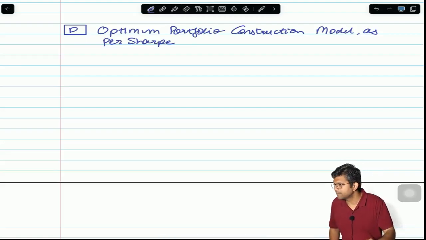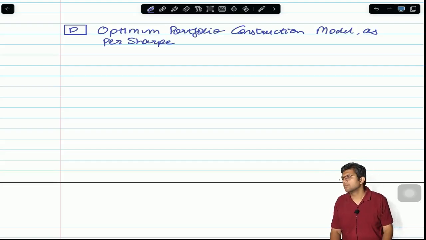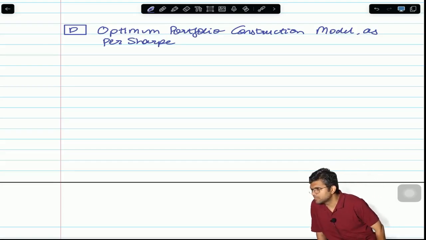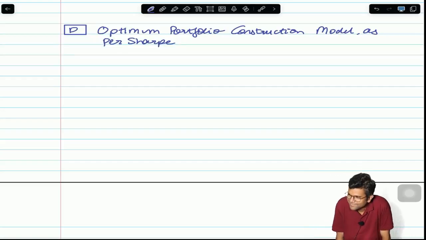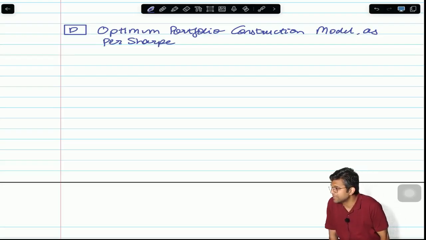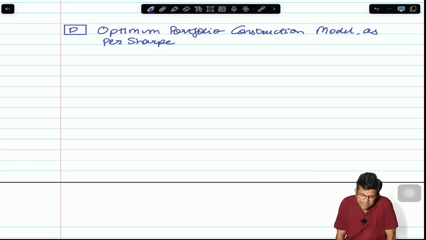Are we ready? Now students, in this I would like to tell you, look at me everyone. Okay, I'll start. Students, this is one of those areas where take it and go ahead.